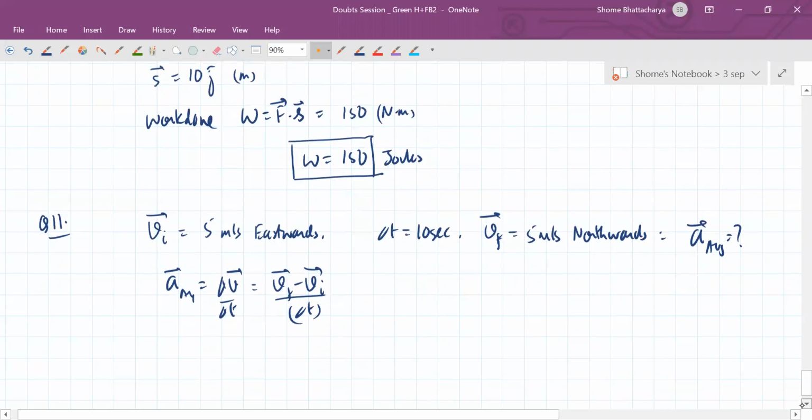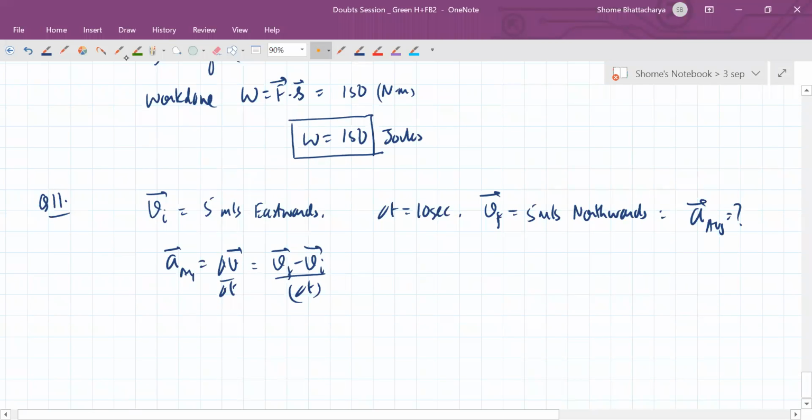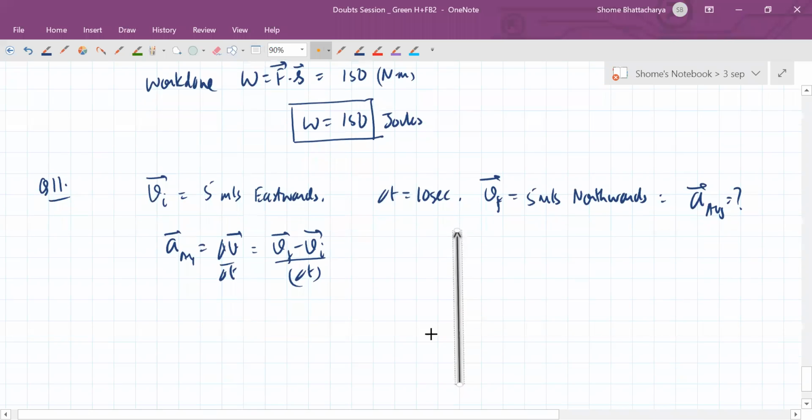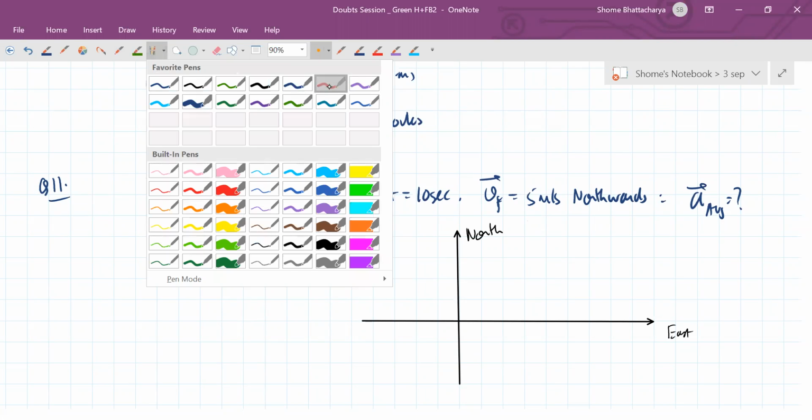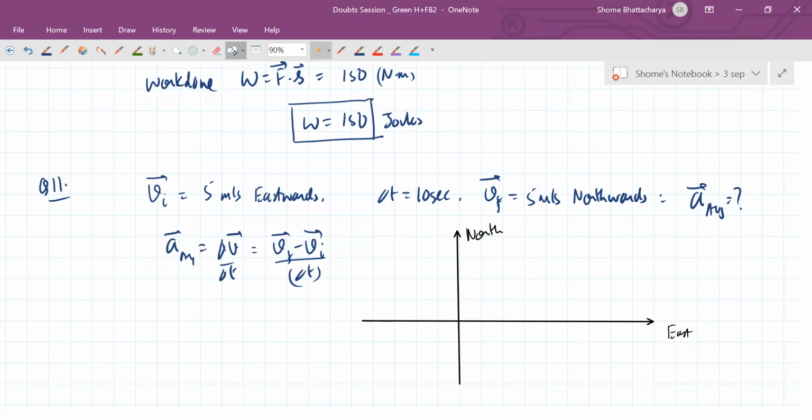So this is one of the easiest questions in that sense. Okay, all you have to do is express the directions correctly. So you can use component algebra, you can just use simple geometry also. Either way, it is not too difficult. So if this is your east and this is your north, your velocity is changing from the initial value, which was 5 meters per second towards east.